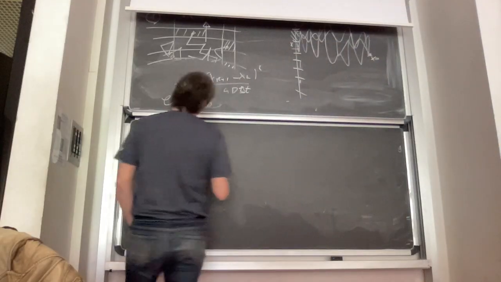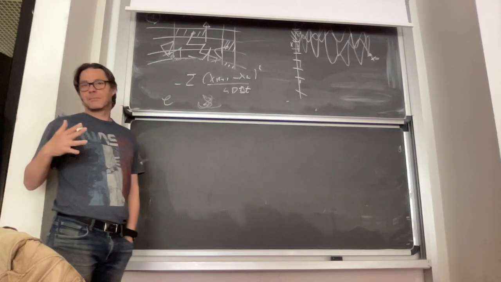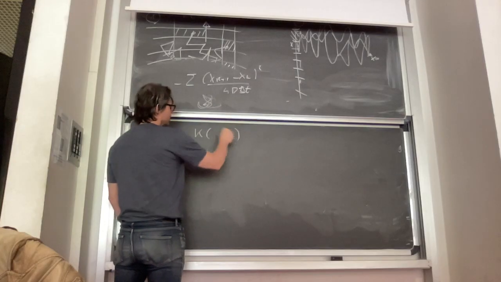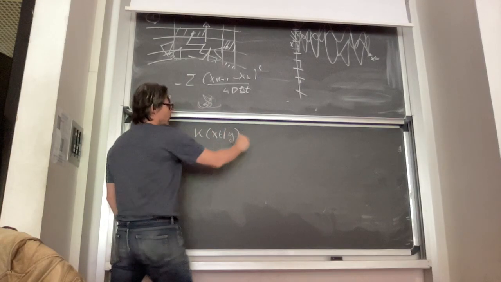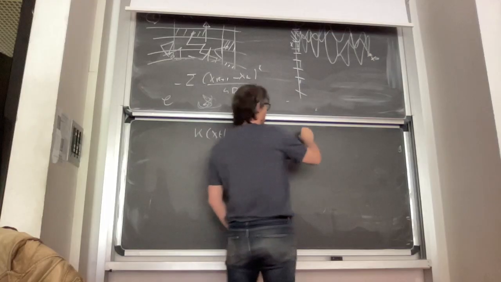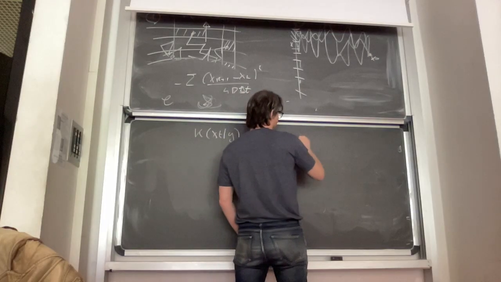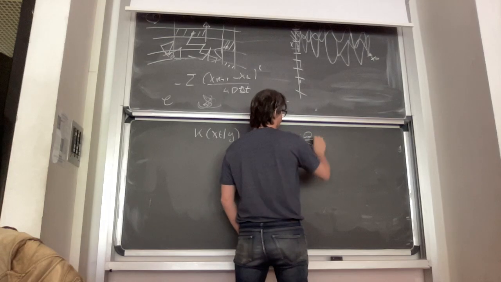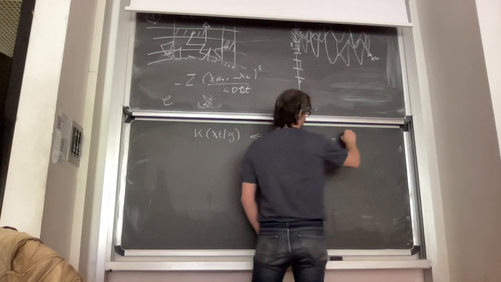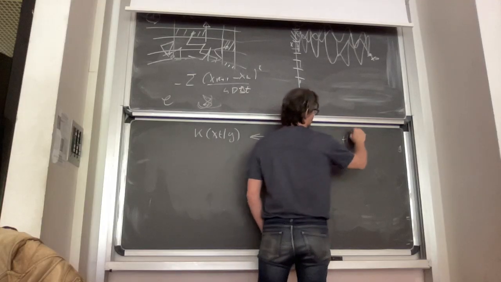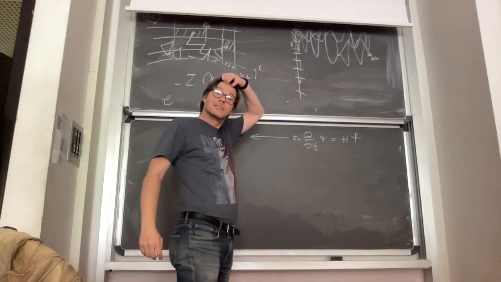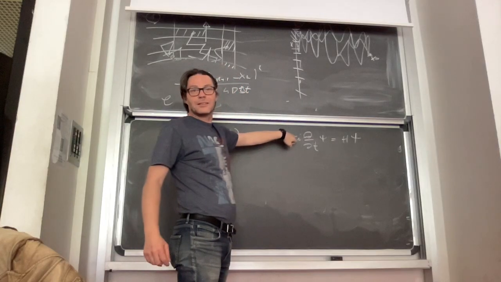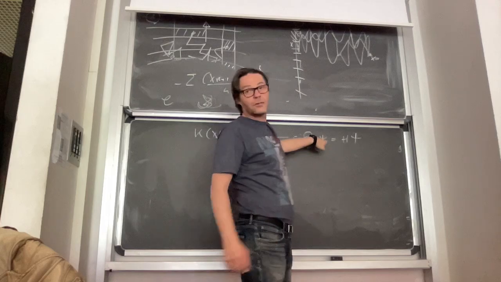I want to complete the analogy between quantum mechanics and stochastic mechanics, because in quantum mechanics we have computed a propagator coming from the Schrödinger equation. The Schrödinger equation tells you how the wave function evolves in time.